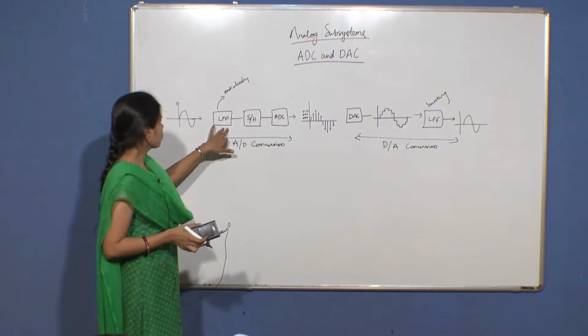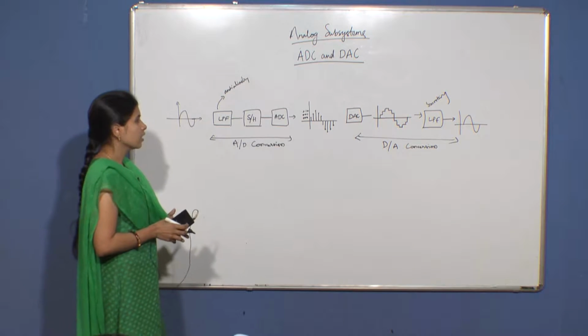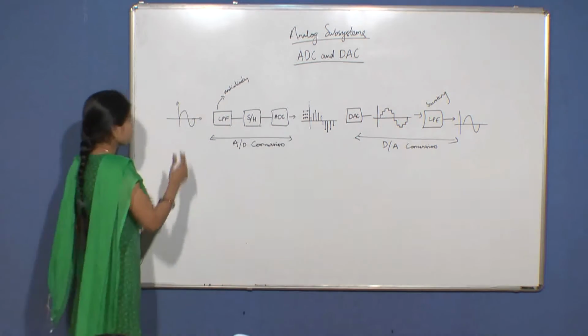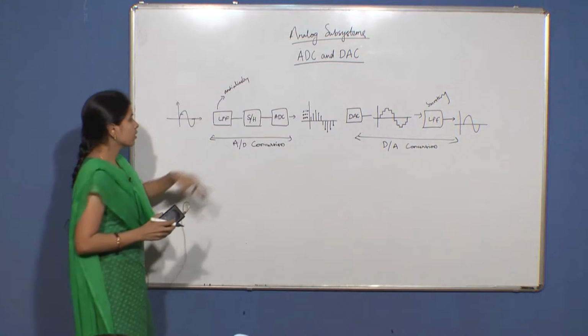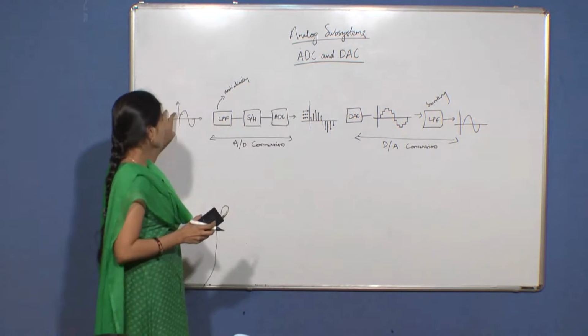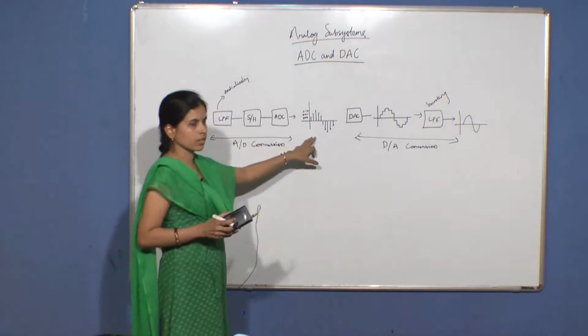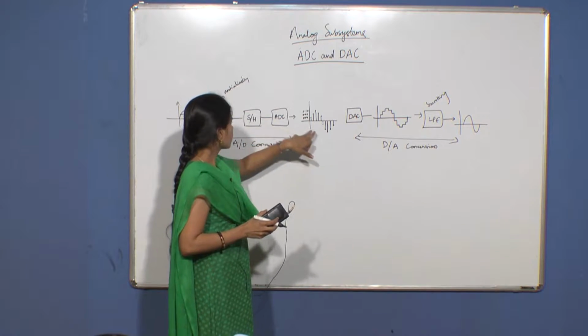After that you give it to a sample and hold circuit, which samples the analog input and holds that value, so that the ADC can convert the sample to a digital word. So actually the conversion is being done.